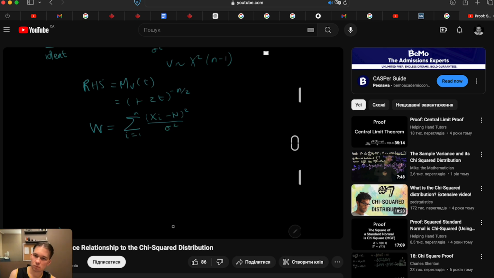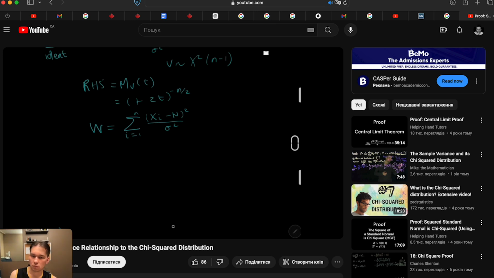Basically, this takes all of the observations, subtracts the population mean, squares that, divides by the population variance, and then adds all of those up. Remember, each term inside is a standard normal, and you're squaring the standard normals and summing them, so we know that W is chi-squared, and that's one of our prerequisites.